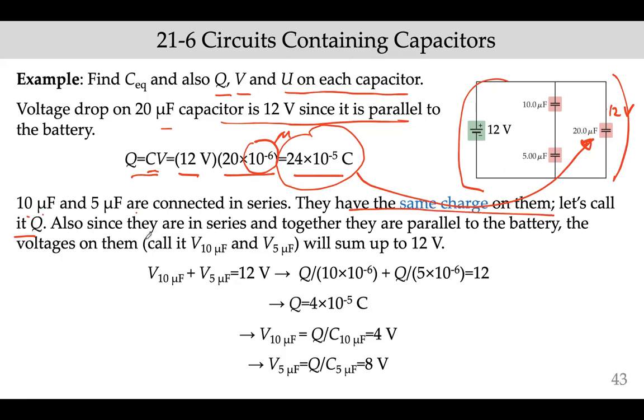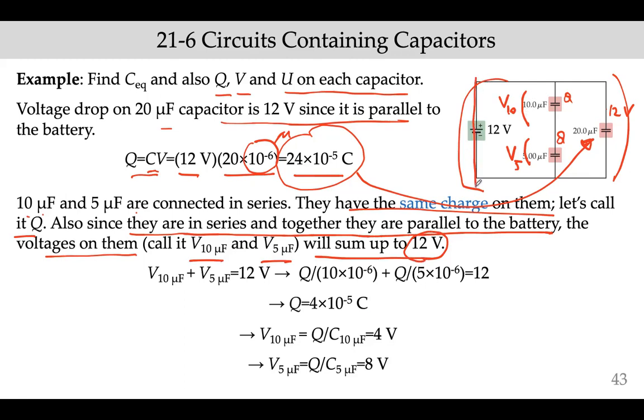Let's call it Q. Let's say this has charge Q and this has charge Q. Since they are in series and together they are parallel to the battery, the voltages on them, let's call them V10 and V5. So the voltage here is, let's call it V10, here V subscript 5. So they will sum up to 12, right? Because together they're parallel to this 12 volts. So V10 plus V5 should be 12.